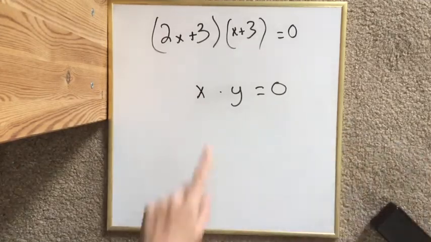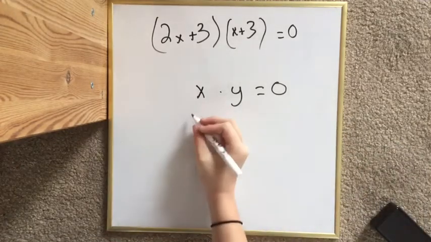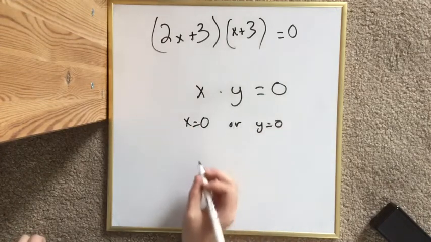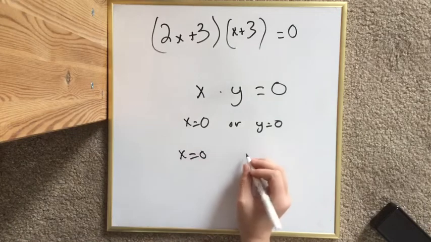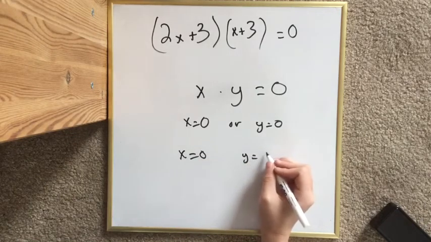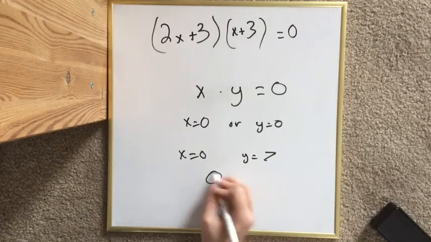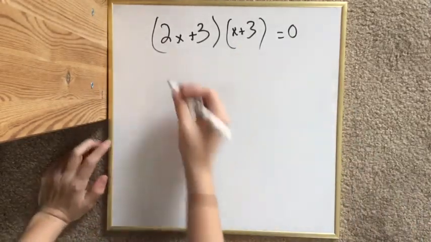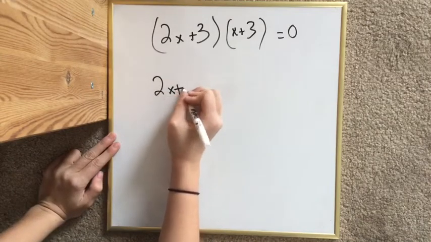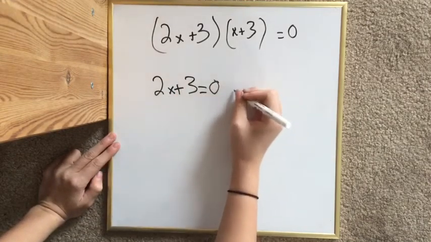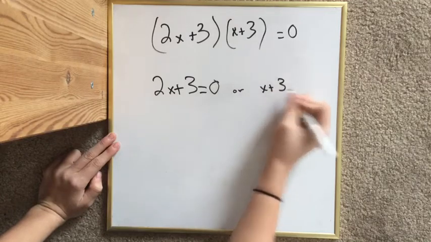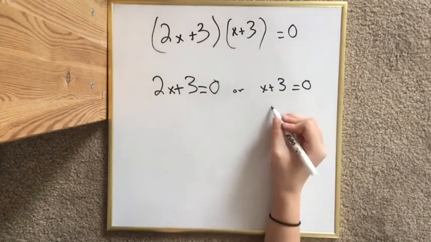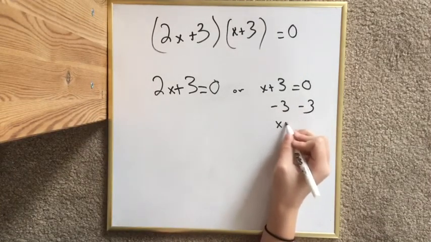Let's say x equals 0 or y equals 0, because if y equals 7, then x would obviously have to equal 0. Okay, if that doesn't make sense, just know that one of these has to be equal to 0, okay? I'm bad at explaining things. So either 2x plus 3 equals 0, or x plus 3 equals 0. So it's just a simple equation from there.